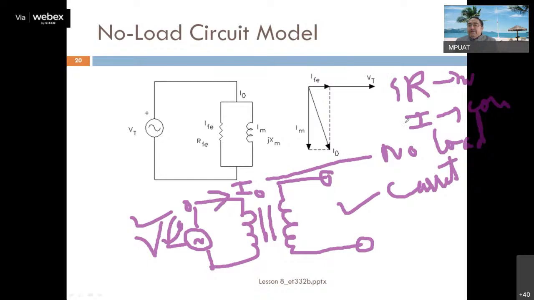Therefore it will have an R as well as an XL. Sorry, this is not I, it is L. So it not only has a resistance in the winding, but the inductance is also there due to the core, and therefore there will be resistance as well as inductance.